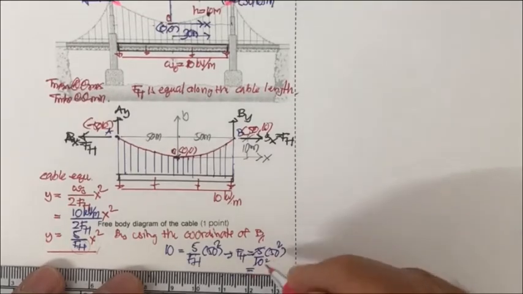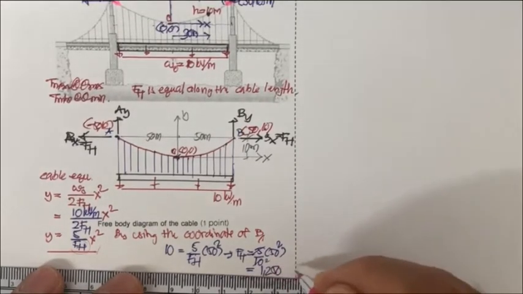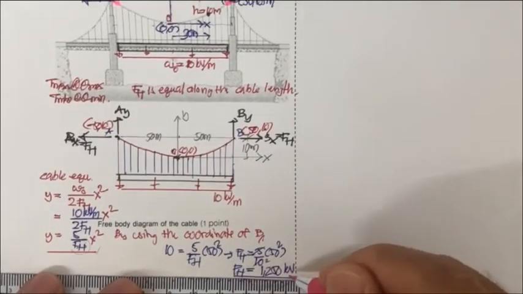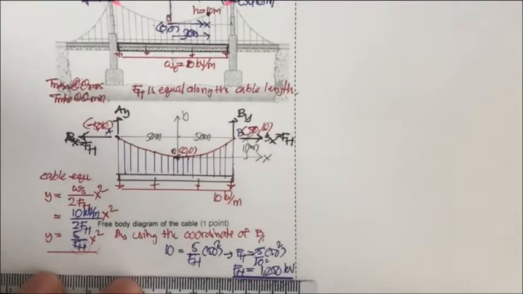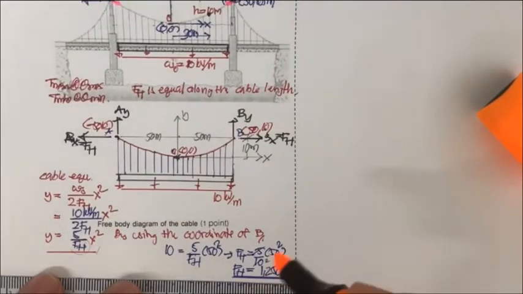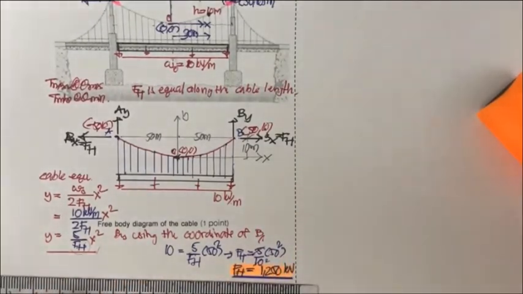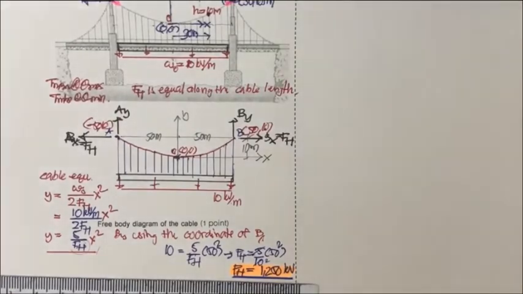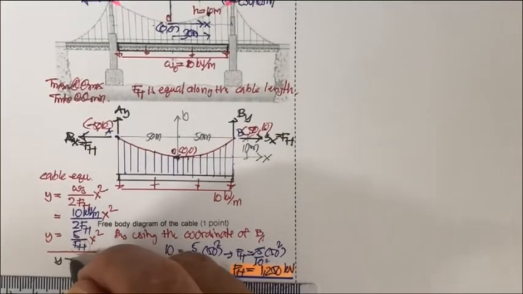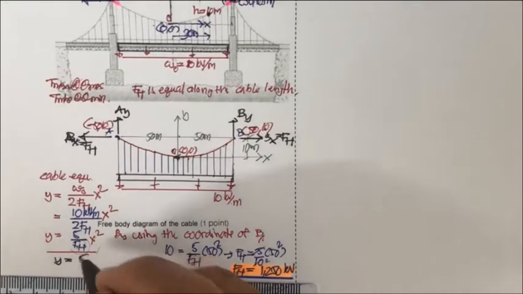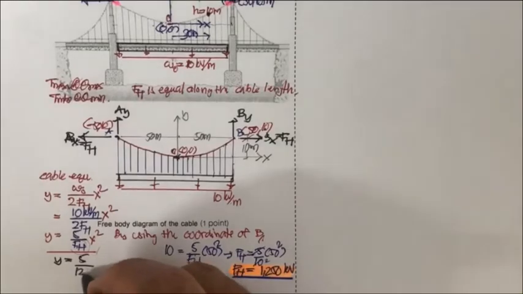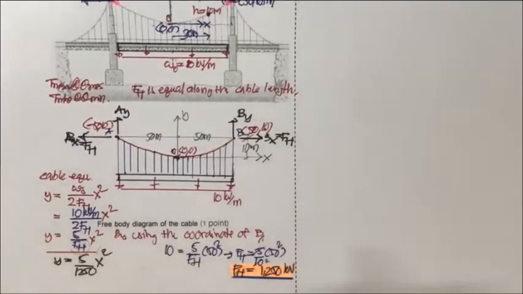So F sub H is going to be 1,250 kilonewton. This is going to be the horizontal force, which is going to be equal at any point of the cable. So now our equation will be y equal to 5 over 1,250 x squared.